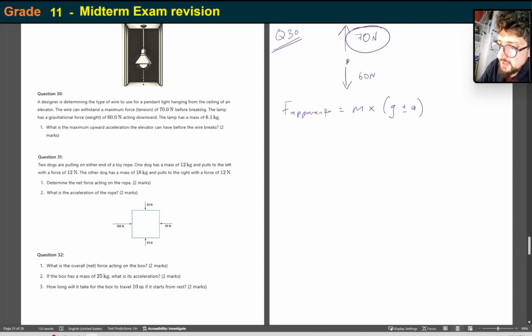So we have 70, which is the maximum, and that's going to equal the mass of the bulb, 6.1 kilograms from the question, multiplied by 9.81, and now I have to determine whether it's plus acceleration or minus.